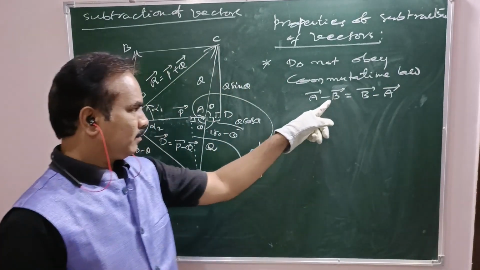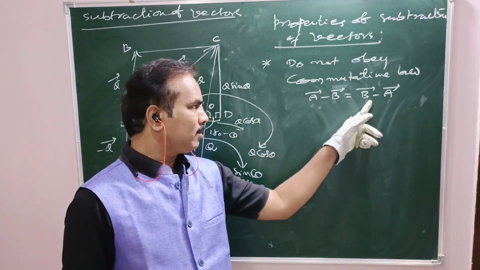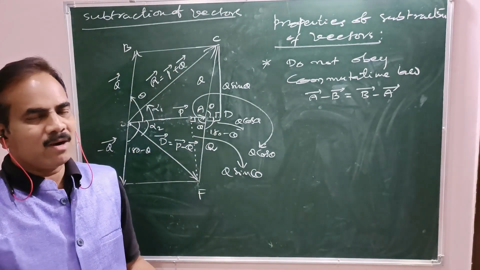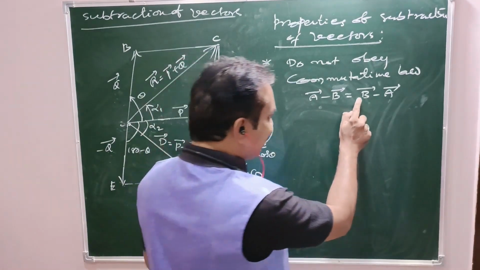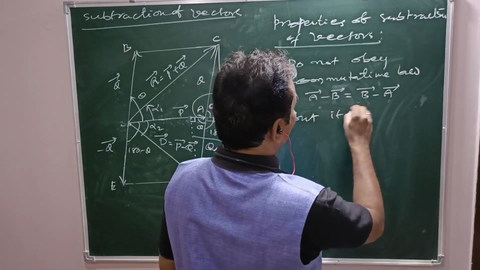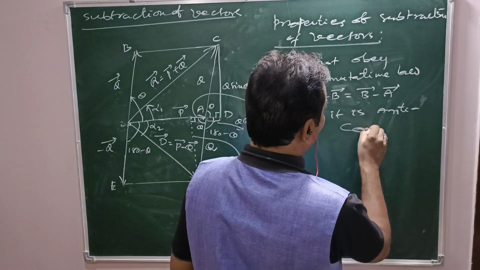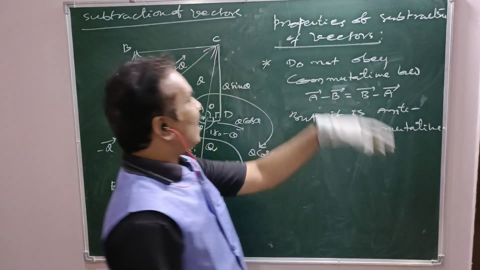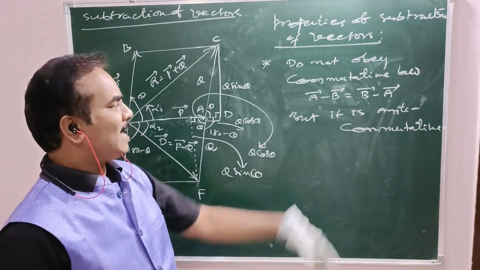See here, subtracting b bar from a bar. Here, subtracting a bar from b bar. Both are not the same. A bar minus b bar is not equal to b bar minus a bar. Of course, it is anti-commutative if you take one negative sign in front. It does not obey the commutative law, but it is anti-commutative.